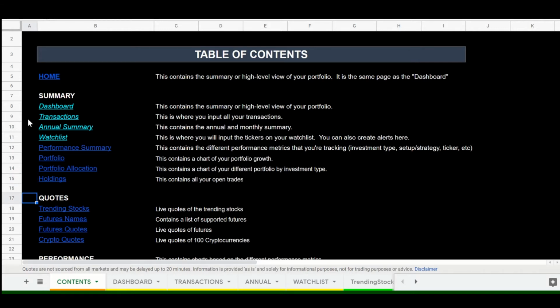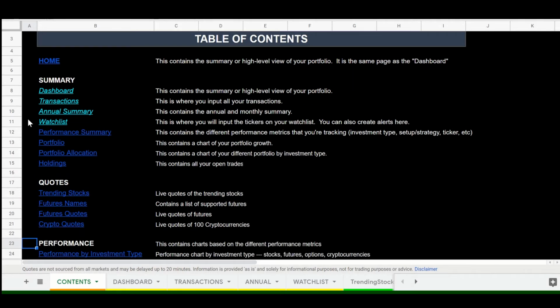Now, it will also give you live quotes with some delay on trending stocks, and I'll show you the futures names, whatever futures that are supported by this, quotes, and also futures quotes. So these two are tied together.